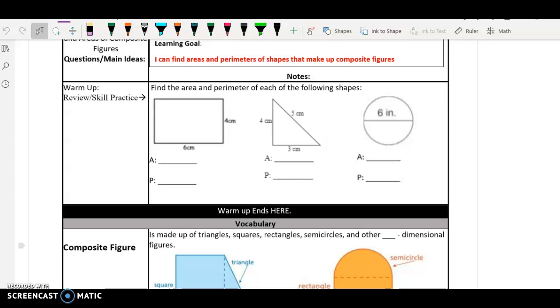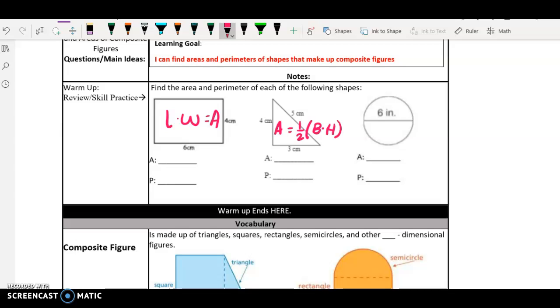Remember, the perimeter is when you add up all the sides, and then the area for a rectangle is your length times width. And then your area for a triangle is 1/2 your base times your height.